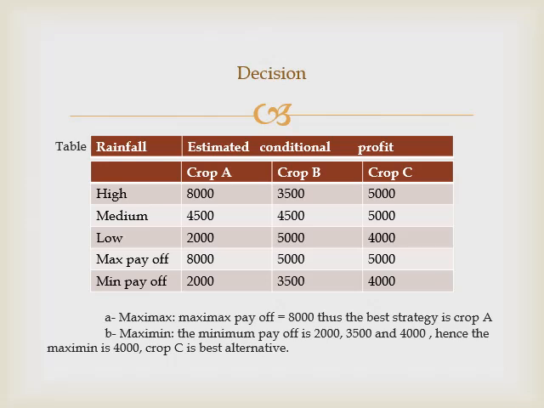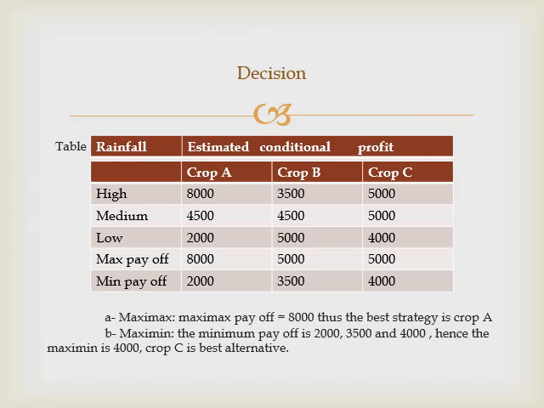Let us move to the next, Maximin. The various levels of min payoff are 2,000, 3,500 and 4,000.